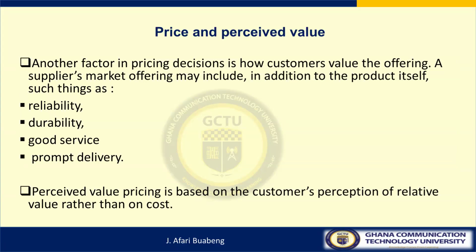Another factor in pricing decisions is how customers value the offering. The supplier's market offering may include, in addition to the product itself, such things as reliability, durability, good service, prompt delivery, among others. So perceived value pricing is based on customers' perception of relative value rather than on cost.